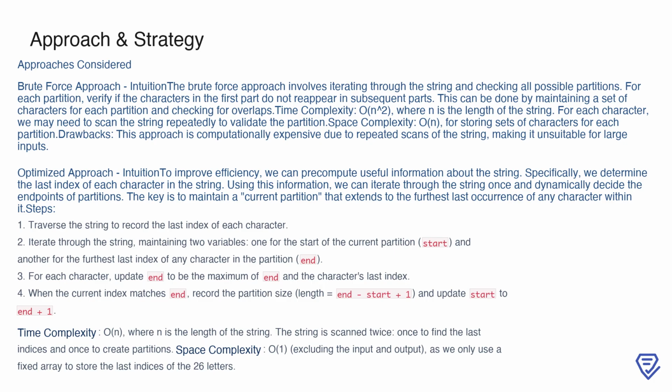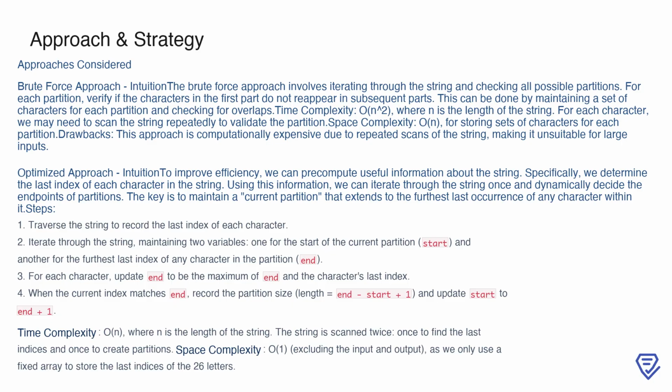However, this method is computationally expensive. The time complexity is O(n squared), because for each character, we may need to repeatedly scan the string to validate the partitions. Additionally, the space complexity is O(n), since we allocate sets to store characters for every partition. These drawbacks make this approach impractical for large strings.